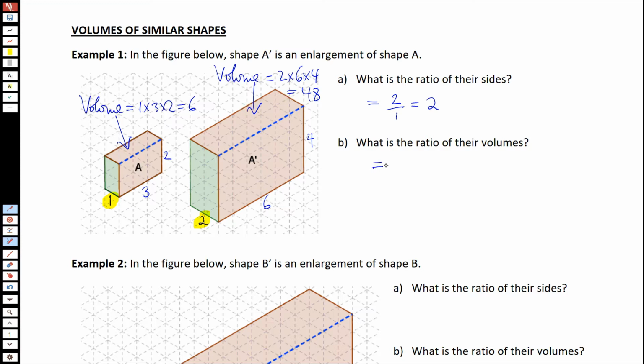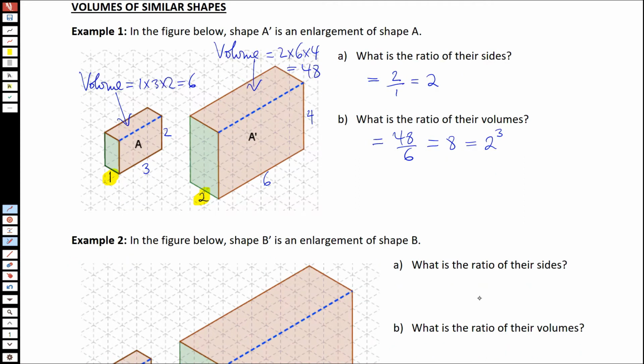So the ratio of the volumes will be 48 over 6, which is equal to 8. And just remember that 8 is equal to 2 cubed. So keeping that in mind, you can see that the relationship between the ratio of the sides and the ratio of the volume is that if you cube the ratio of the sides, you get the ratio of the volumes.